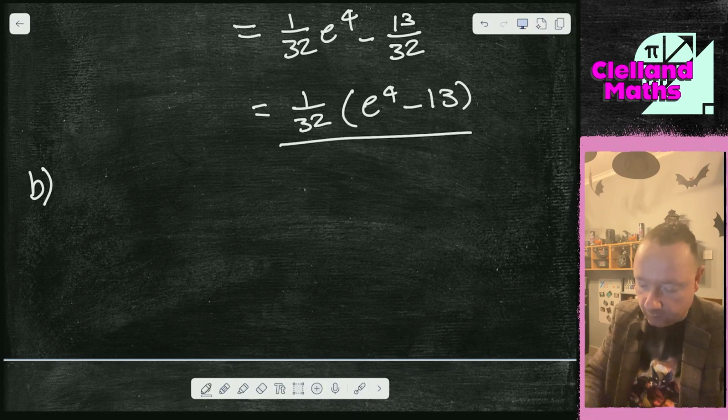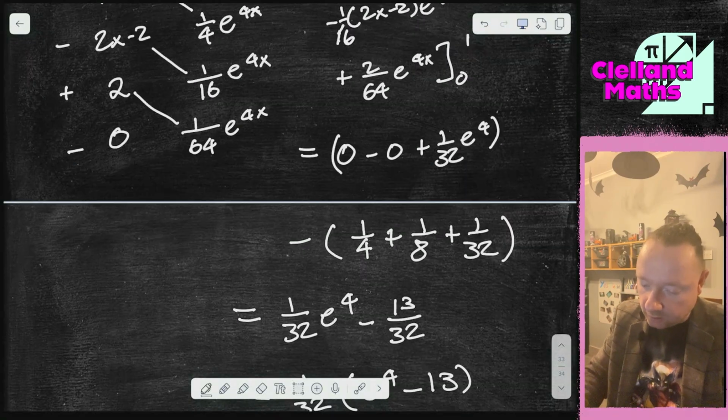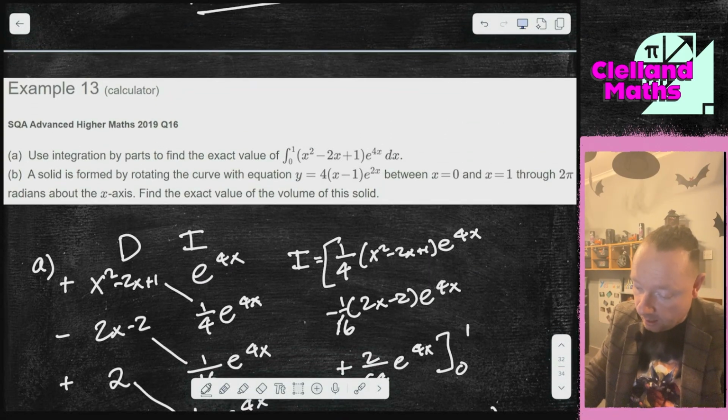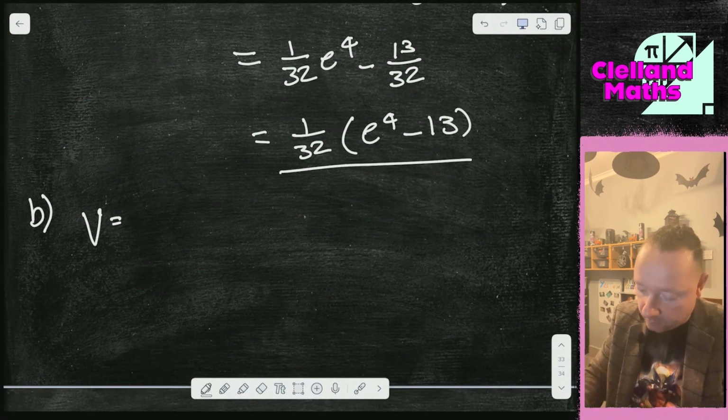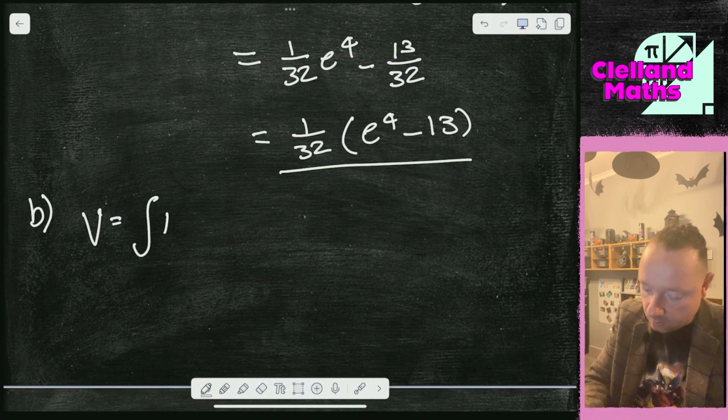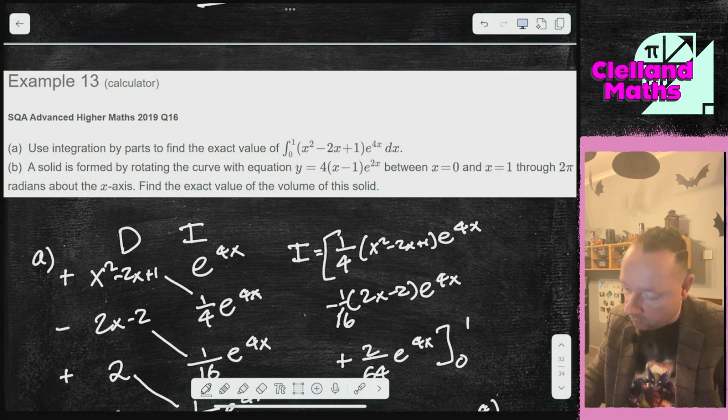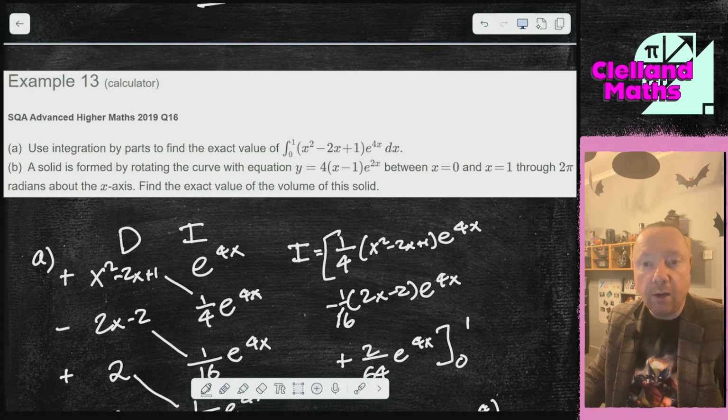So remember, if we're making a volume of revolution and it's through the x-axis, then the volume is pi y squared dx, and it says we're going to do that between 0 and 1.